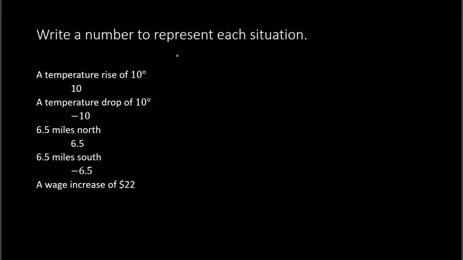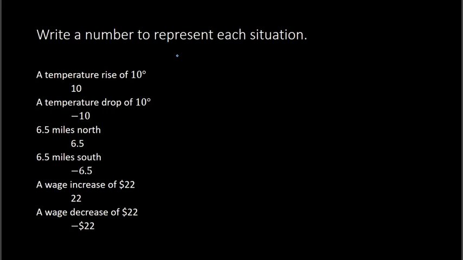So maybe a wage increases by $22. So if it's increasing, that would be a positive number, so positive 22. If it's decreasing, then it would be a negative 22. And for each of these, we could put this on the number line to represent this information.